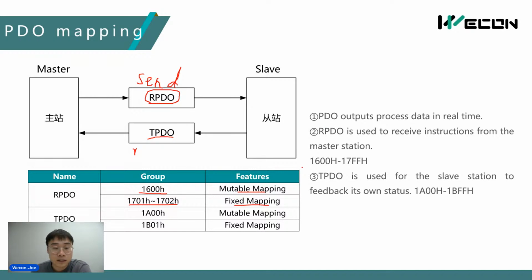TPDO is used for slave stations to feed back their state.